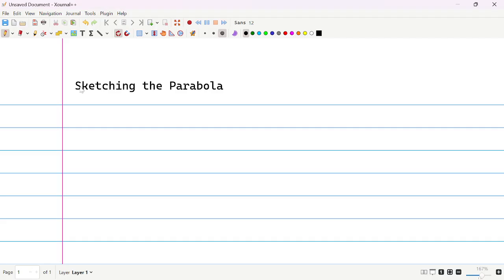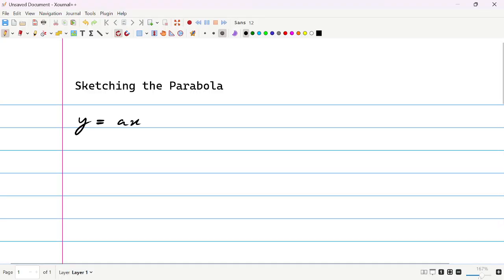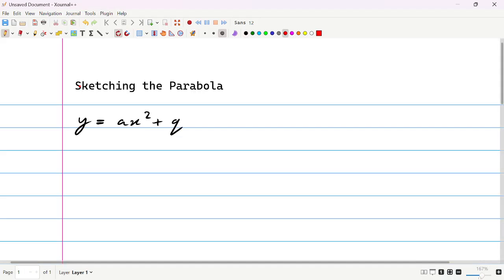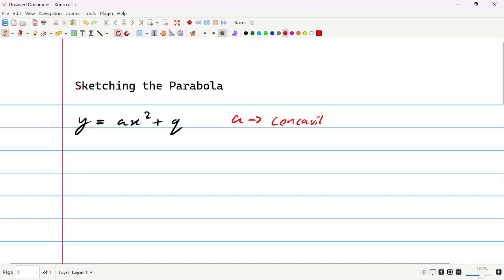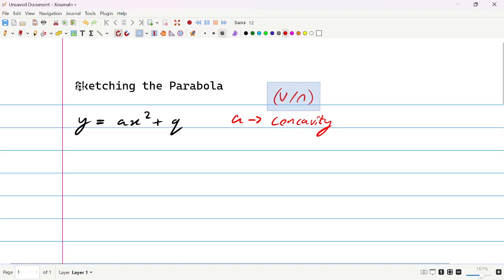So we are in a grade 11 level, okay? If we recall from grade 10, we had the form y is equal to ax squared plus q, where a represented the concavity, which was either the happy or the sad shape that we had, which I'll probably put here, it would be easier.